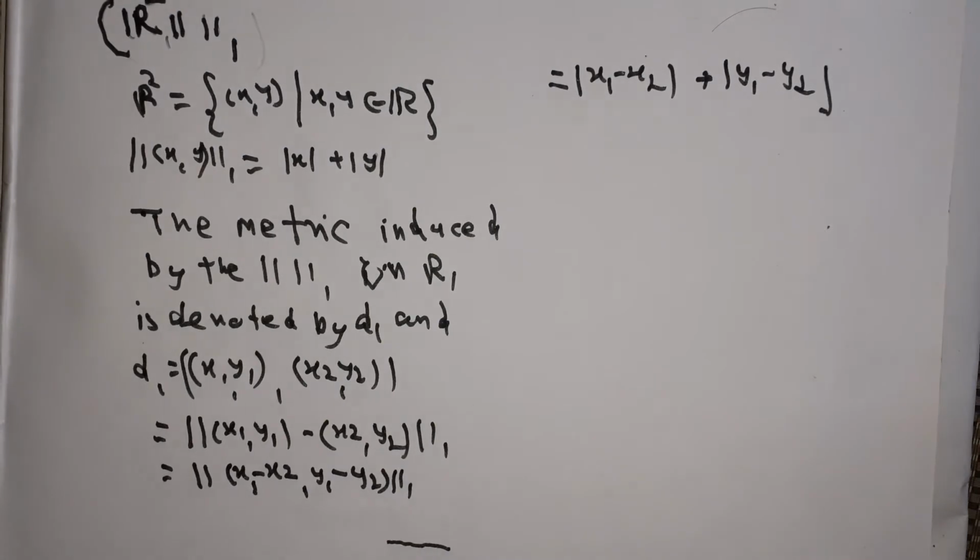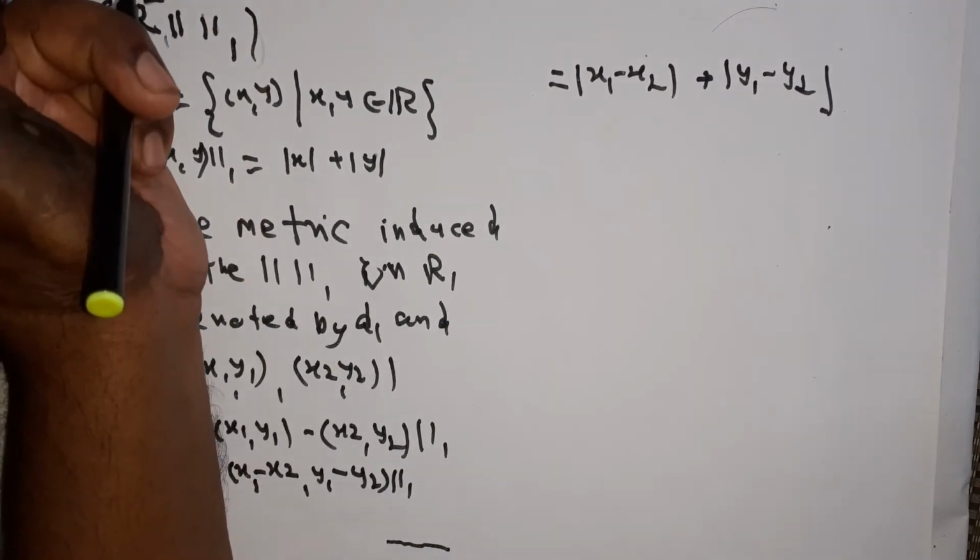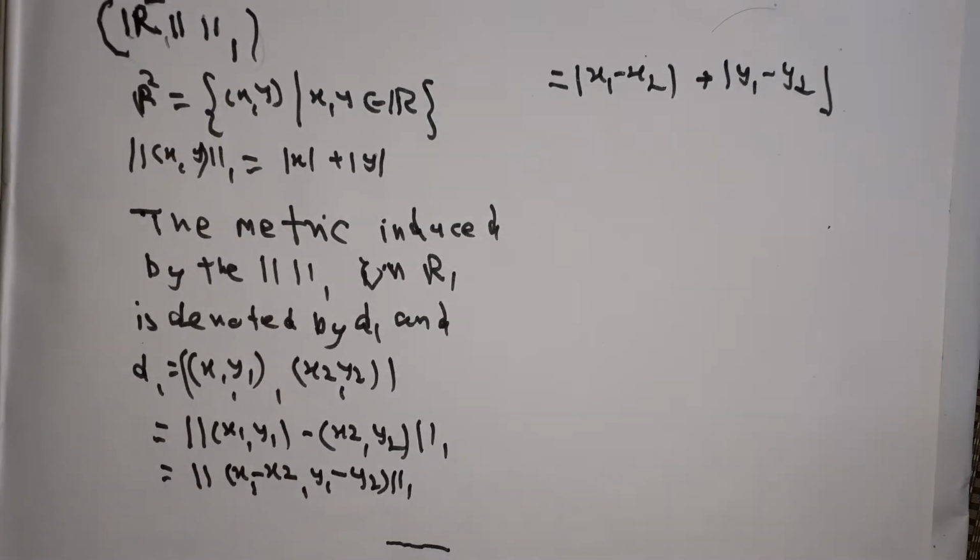Now see here, the metric space R2 with norm 1. R2 with norm 1 is a normed linear space, which means it is a vector space, and norm 1 is a norm defined on R2. R2 is the set of x comma y so that x, y belong to R, and norm 1 of x comma y is equal to mod of x plus mod of y.